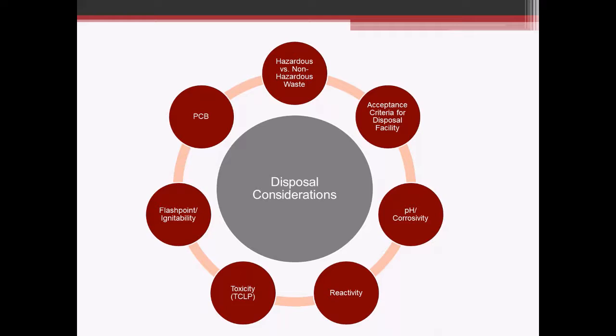If it's reactive or corrosive, there are certain levels it has to meet in order to qualify as non-hazardous, but if you do have reactive or corrosive waste, you have to dispose of it as hazardous. And then toxicity, which is often analyzed through the toxicity characteristic leaching procedure. If a product or material ends up with a toxicity level, that has to go out as hazardous waste as well.